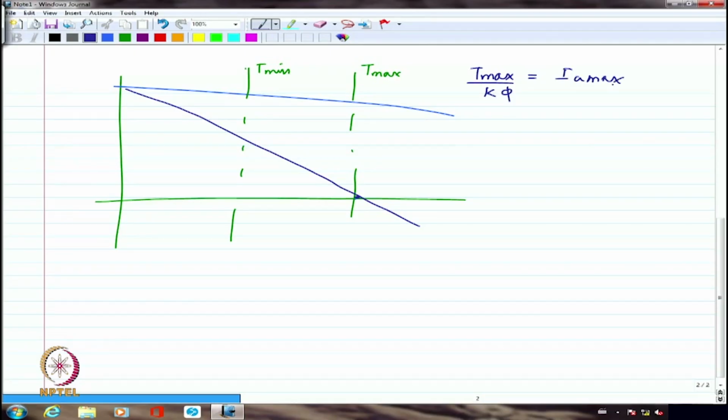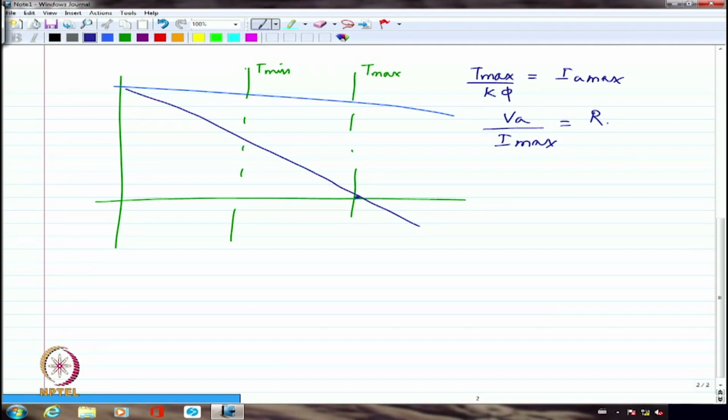Depending upon how much current my DC motor and the commutator can handle, I decide this IA max, and accordingly I decide the resistance to be included. VA divided by IA max will give me the resistance to be included.